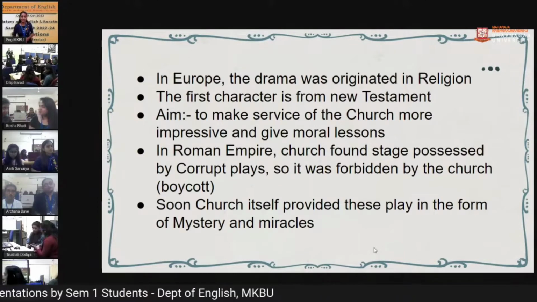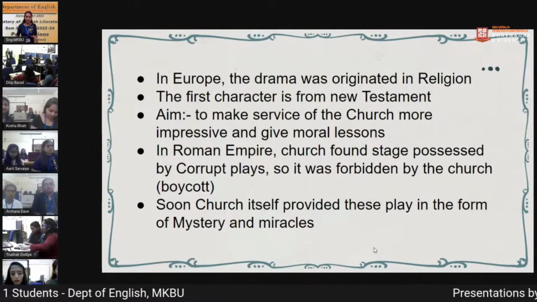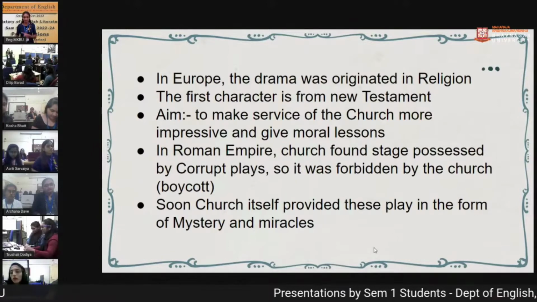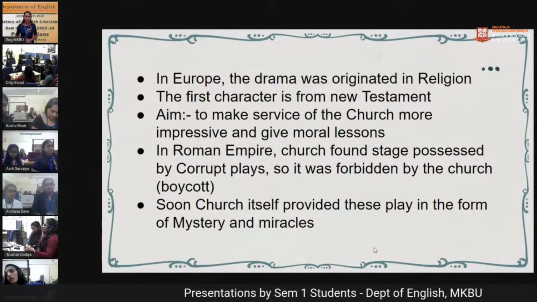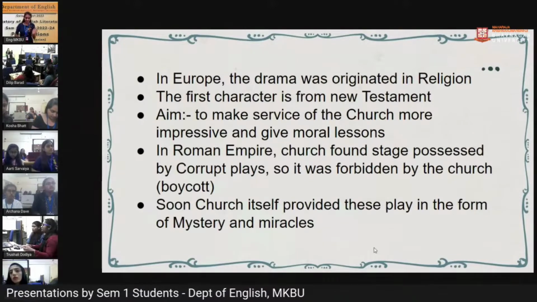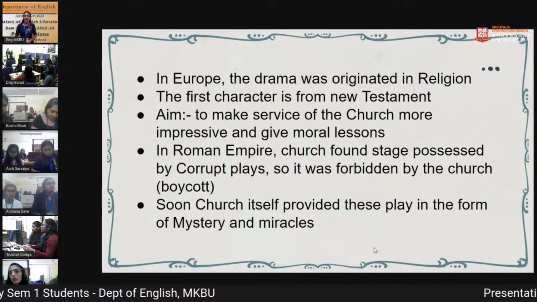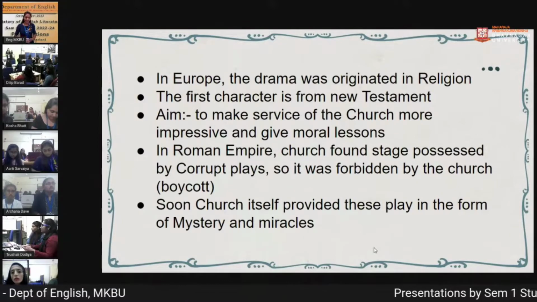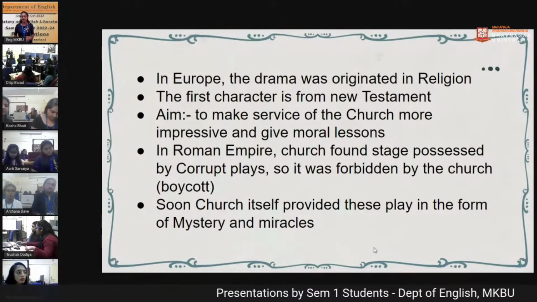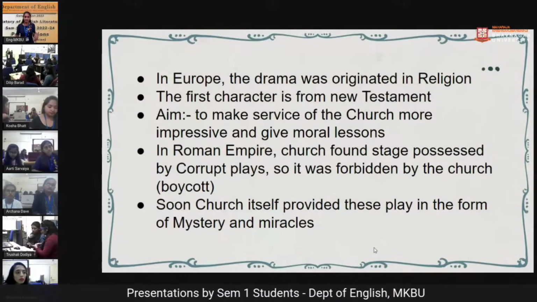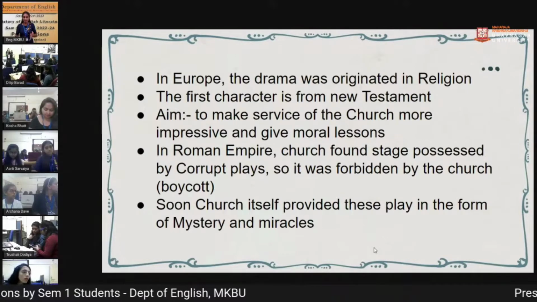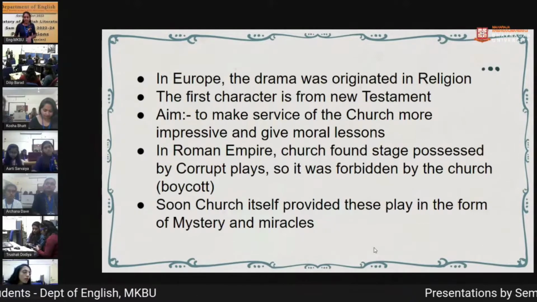So we can see that some corrupted plays came into being, and the church banned these plays, which we can compare with a boycott. The church boycotted this kind of play. And later on, the church itself provided these plays in the form of mystery and miracle plays. So now they get another form of mystery and miracle plays in English drama.